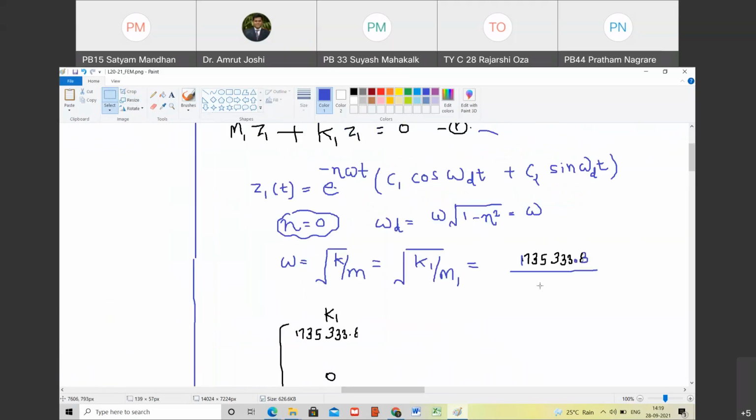Yes, sir. So can you tell me what is this ratio and its square root? Can you tell me the value of omega? Do it.